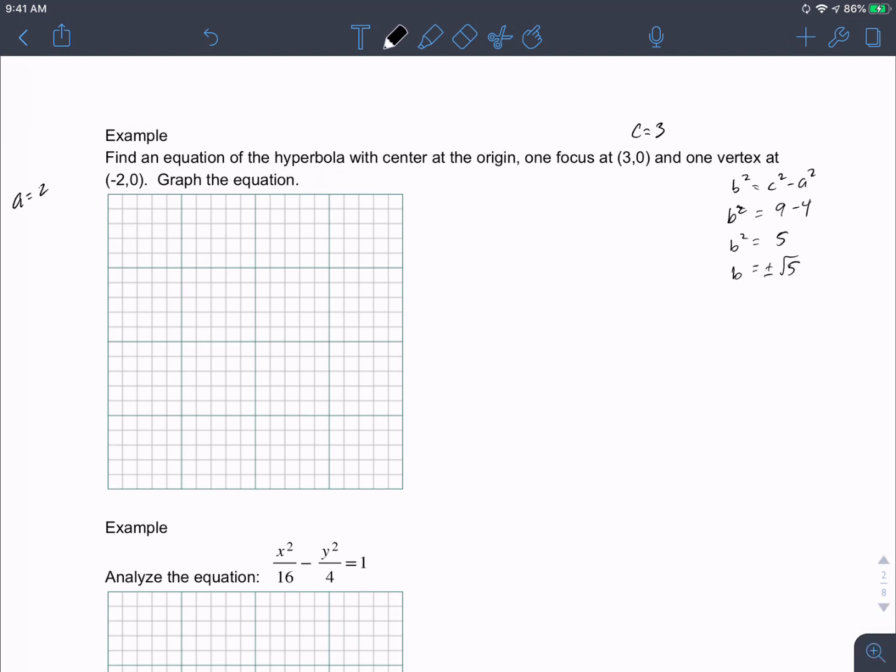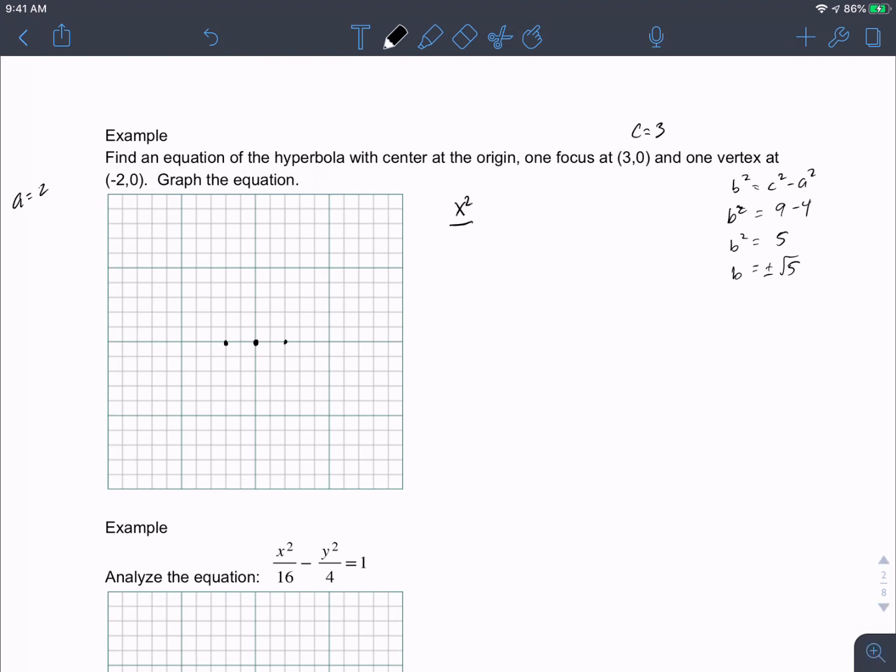One of the things that we can do is plot some points, and it's going to be useful for us. So we know that plus and minus 2 is where the vertex is going to occur. Before I finish, let me just write the equation.